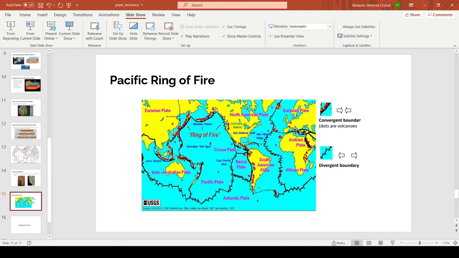So we can see that volcanoes mainly occur along convergent boundaries, also known as subduction zones. So that will help you to answer one of the questions in your lab.